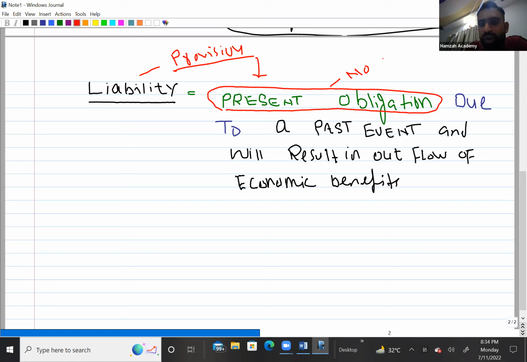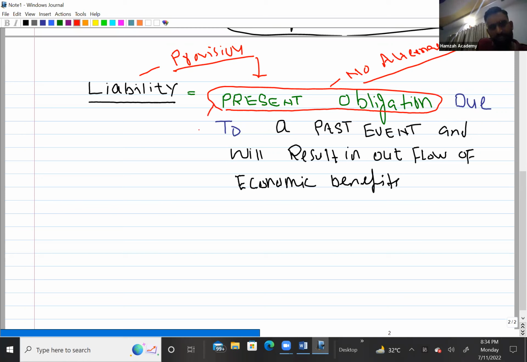You do not have any alternative to avoid this. If we have an alternative, then it is not a present obligation. Obligation means there is no alternative. You have to fulfill your obligation. Obligation has been created on a company, a present obligation.